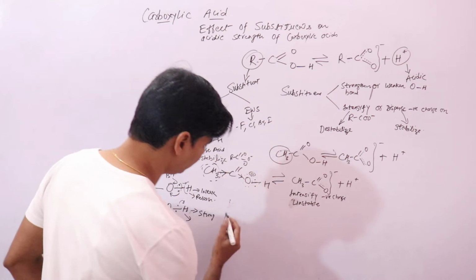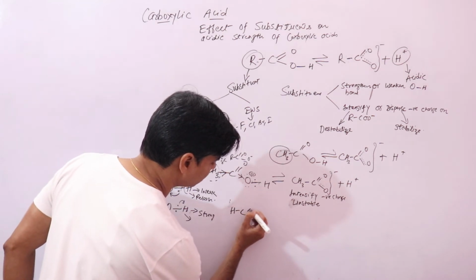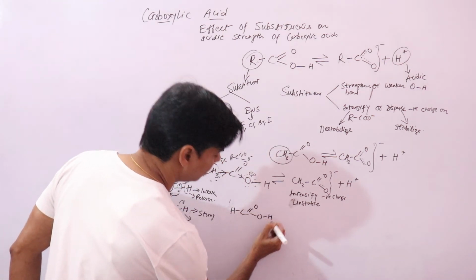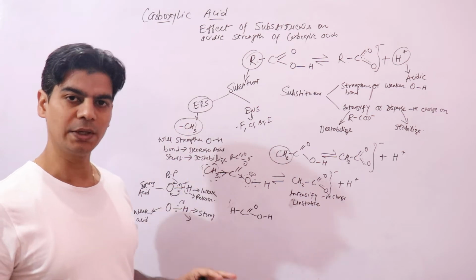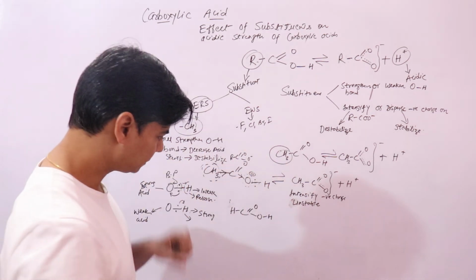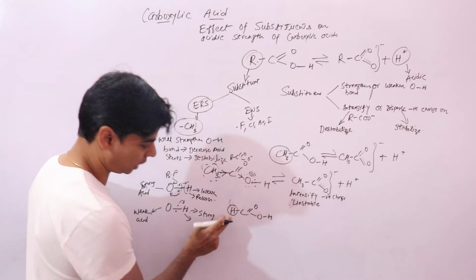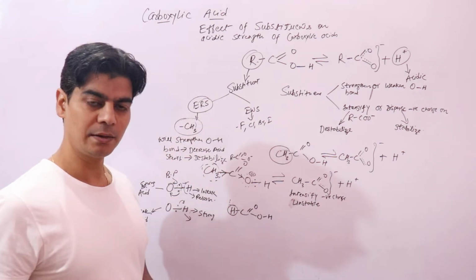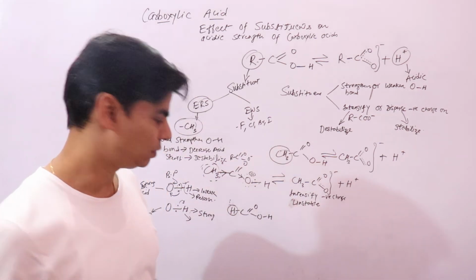Right, now let's come back to formic acid. We say that formic acid is a strong acid compared to your acetic acid. Why? Because formic acid has a hydrogen substituent. Now this hydrogen is not an electron releasing substituent, right?